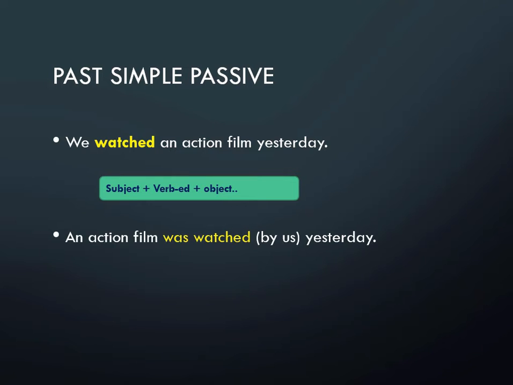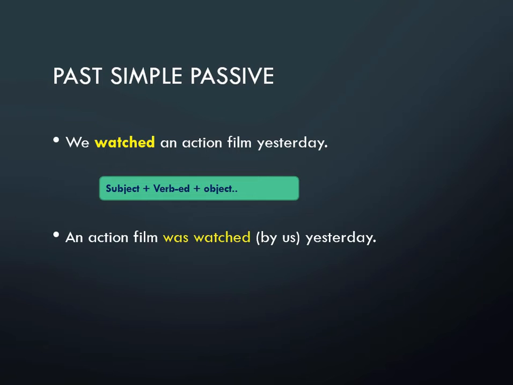The second sentence is written in passive voice. If you look at the sentence carefully, you will find that the words an action film come to the beginning of the sentence. After that, we put the past form of the verb be, the word was. The verb was is the past form of the helping verb be. After that, we wrote the word watched, which is the past participle of the verb watch.